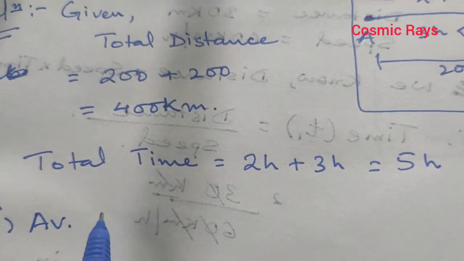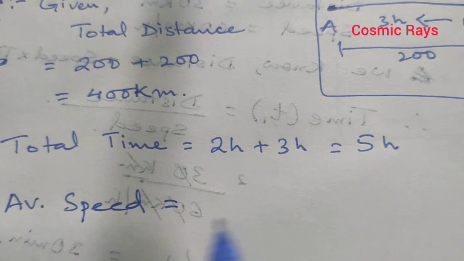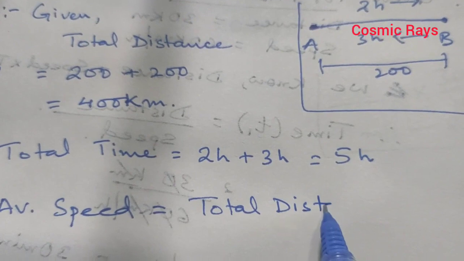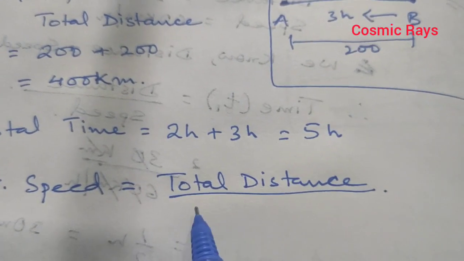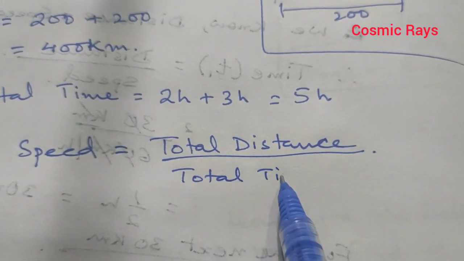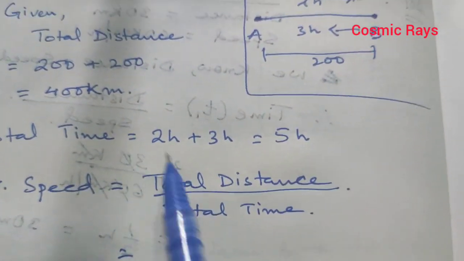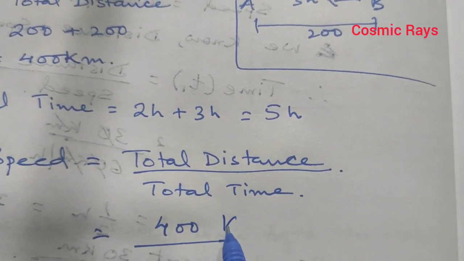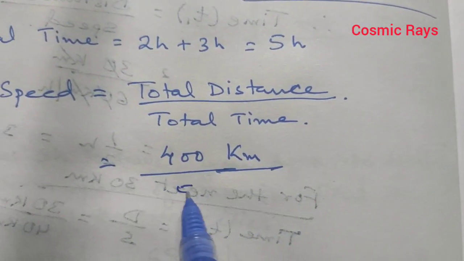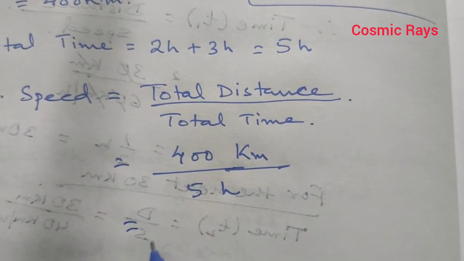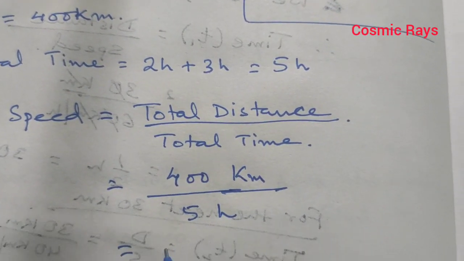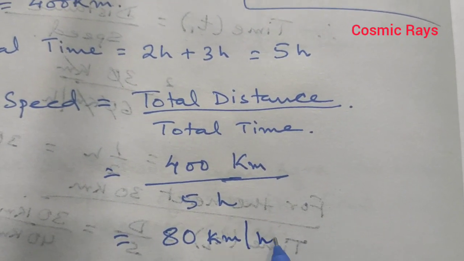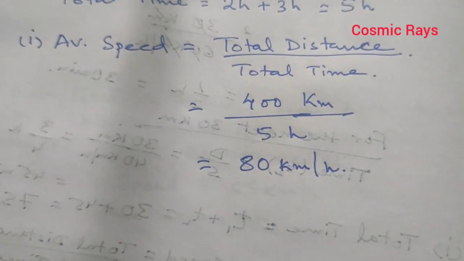So average speed is equal to total distance upon total time. Here we have already calculated the total distance is 400 kilometers and the total time is 5 hours. So when you divide it, you will get the answer. 5 into 8 is 40, so 80 kilometers per hour. This is the answer for the first part.